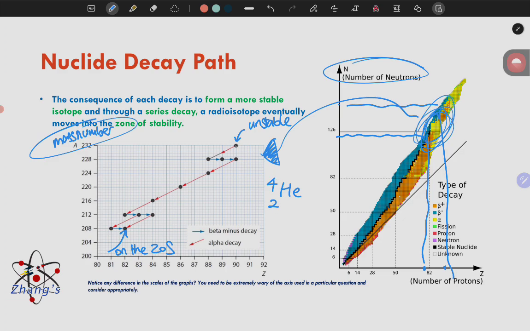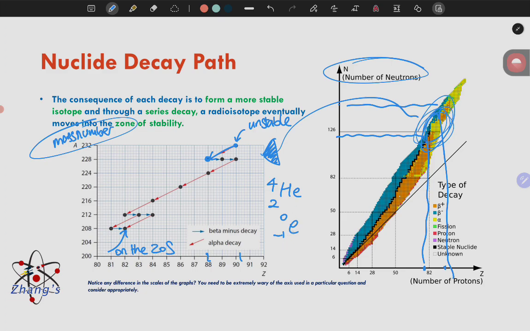So you can see the red line here represents a drop by 4, right? And a drop by 2, 90 to 88, and this transition is an alpha decay. And then when you have a beta minus decay, you are releasing an electron, right, with mass, we say approximately 0, and we have a -1 charge on it, right?